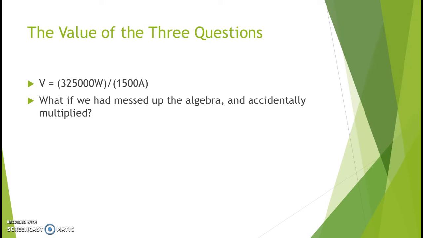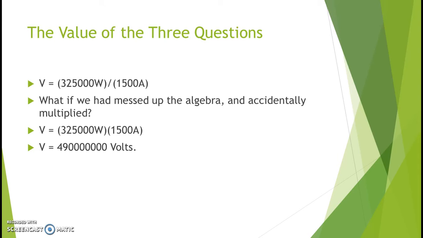Either a calculator error or an algebra error when we did the original modification of the equation. So we would have plugged in 325,000 times 1,500. And our answer would have been, looks like 490 million volts.